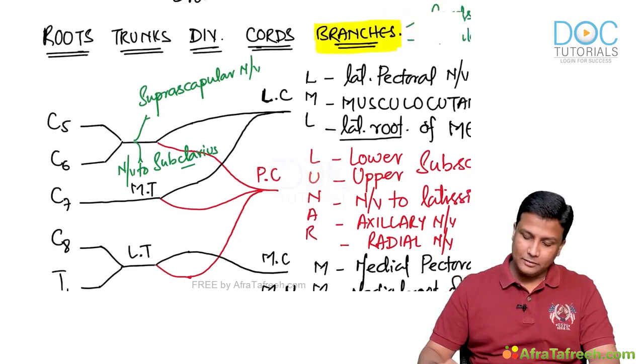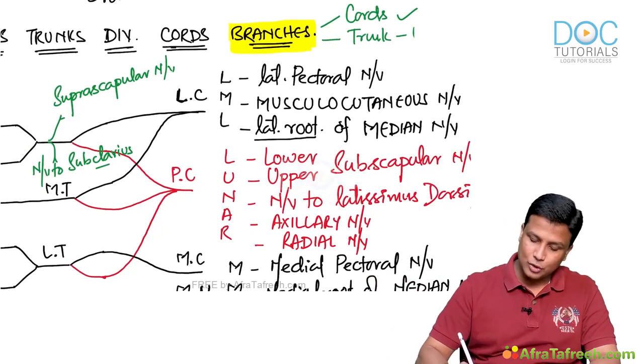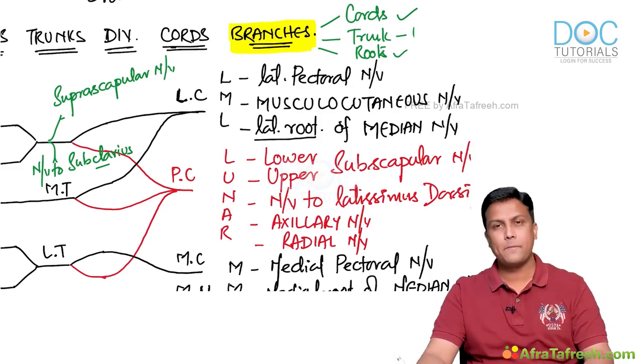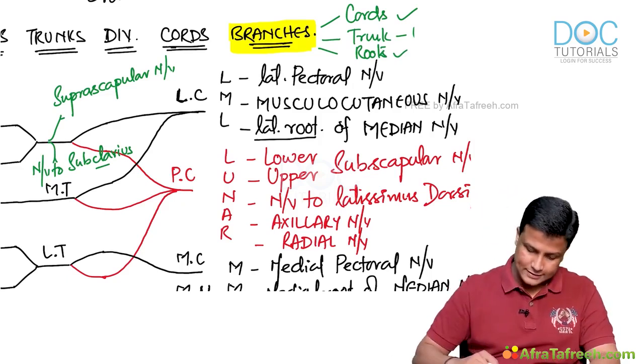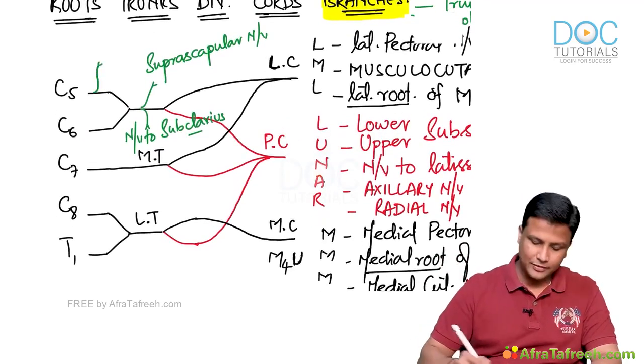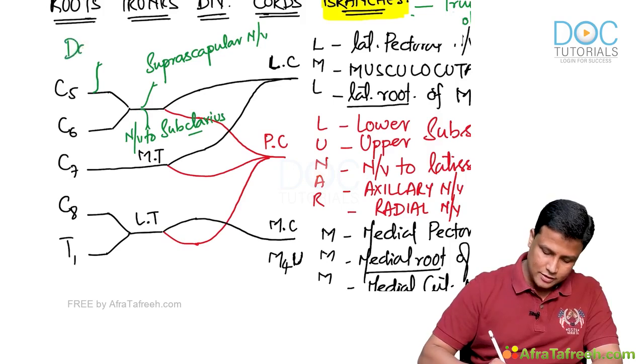Now apart from that, remember, you also get branches from the roots, guys. The last and final one. From the roots also, you'll be getting two branches. Number one, there will be a branch from C5, the ventral rami of C5. That will be the dorsal scapular nerve.